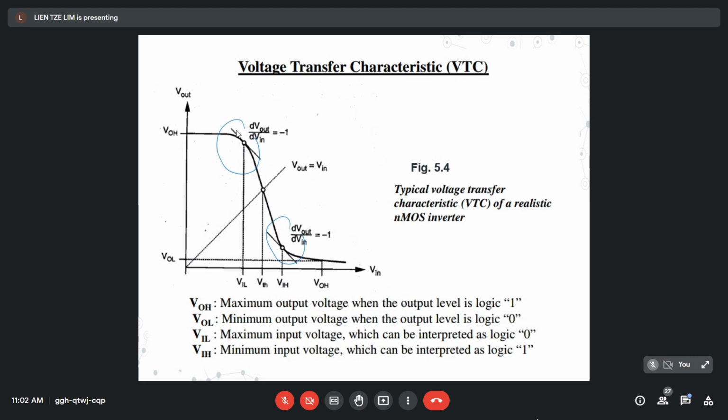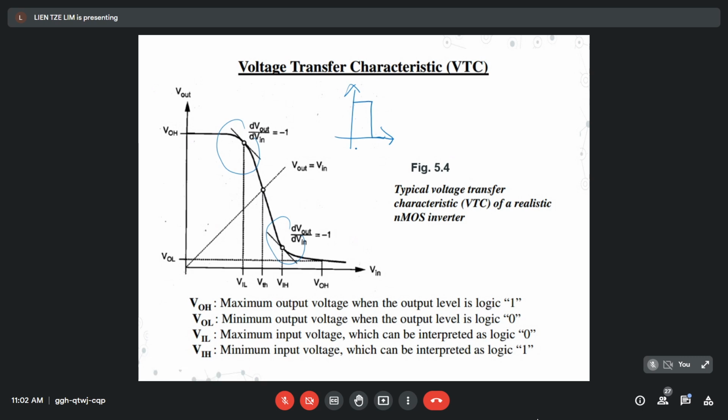So it takes some time to transit from high output to low output. The ideal one looks like this, as I have shown you before.